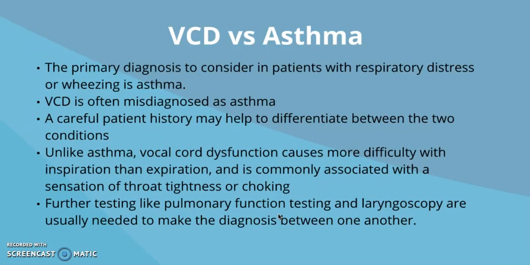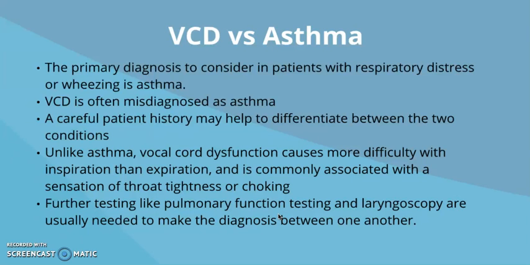Vocal cord dysfunction versus asthma is something that I wanted to cover because a lot of the time they're misdiagnosed. The primary diagnosis to consider when most patients have respiratory distress or present with wheezing is asthma. Vocal cord dysfunction is often misdiagnosed as asthma. A careful patient history may help to differentiate between the two conditions.